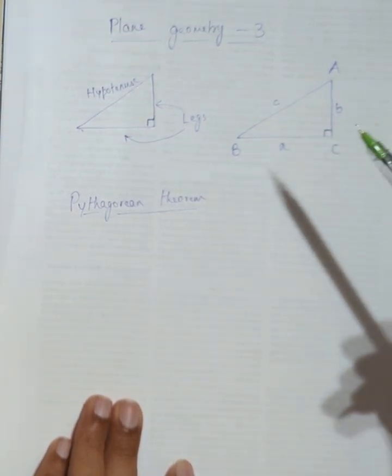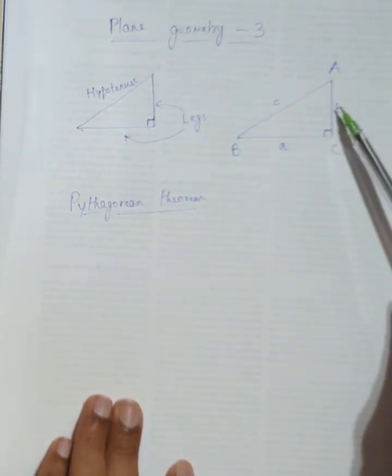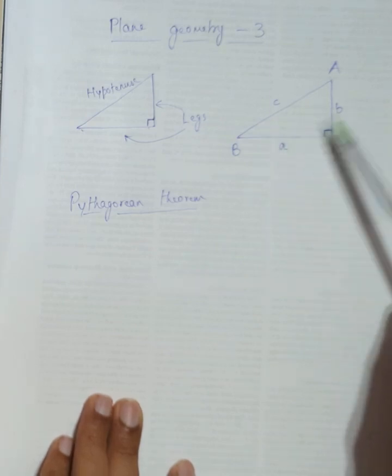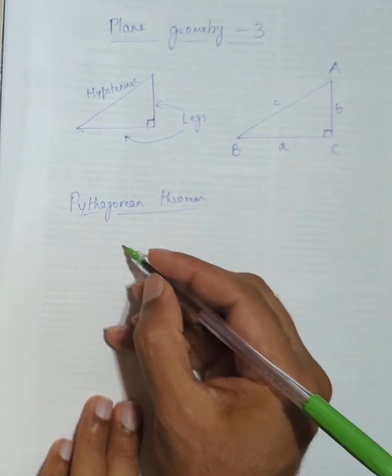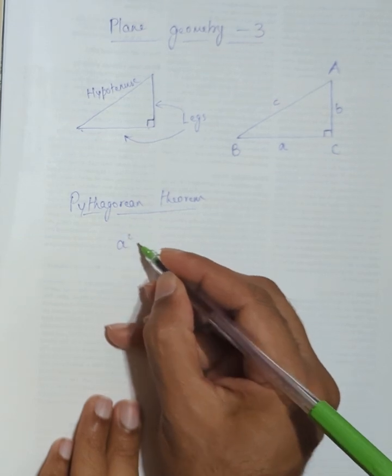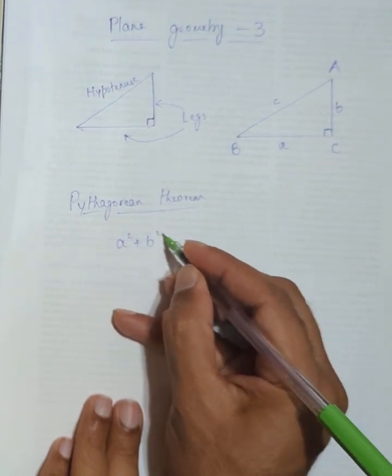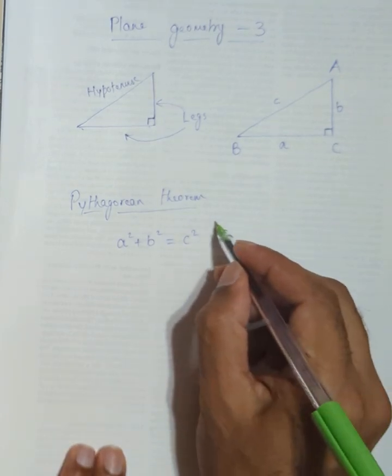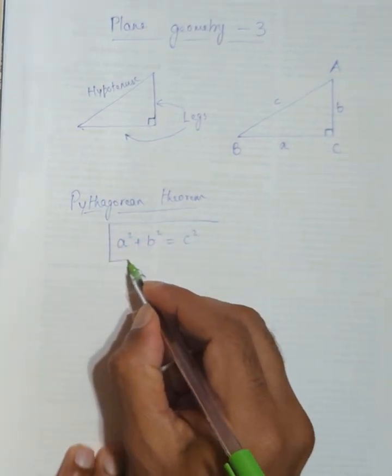So whenever you have a right triangle where the legs are of sizes a and b and the hypotenuse is c, then the Pythagorean theorem says a squared plus b squared equals c squared. So this is the Pythagorean theorem.